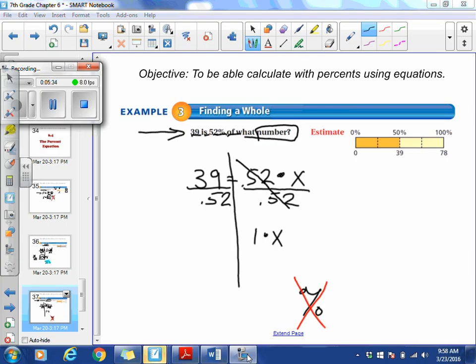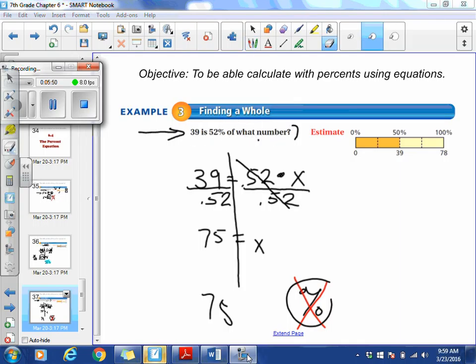And on the other side, I have 39 divided by 52 hundredths, which is 75. 75 equals 1 times x. Well, 1 times x is just x. I have x equals 75, not percent, just 75. And then if I go back up to my original statement, 39 is 52%, so more than half of 75. And is 39 a little more than half of 75? It is.